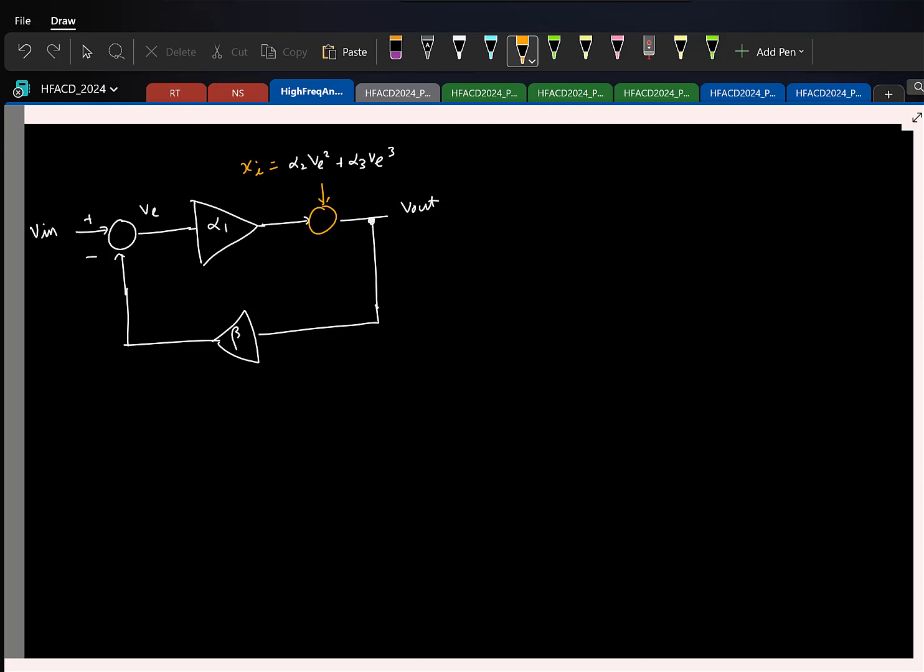Now first let's write V out. V out is going to be some k1 times this, a linear term plus second order nonlinear term, and so on. And my error signal, what is my error signal? V in minus beta V out, right? Let's have it like that.